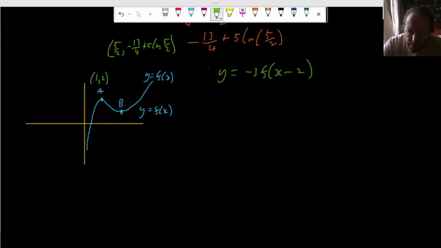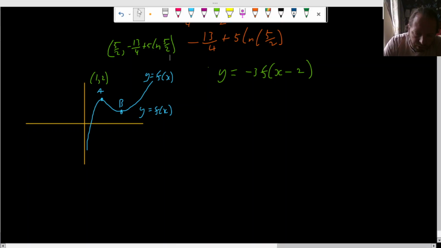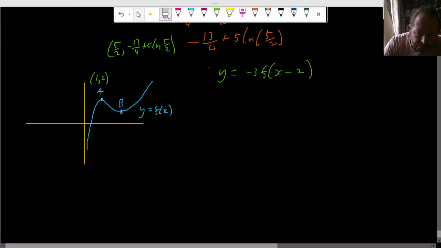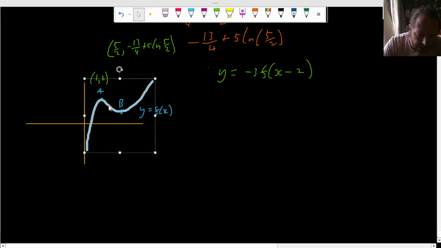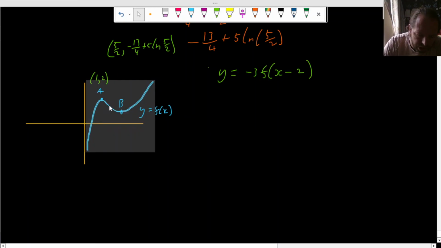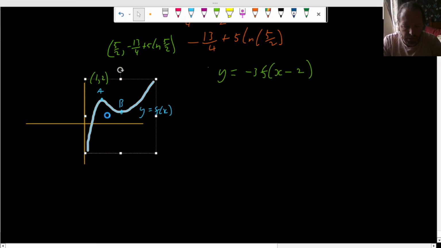We need to move the entire graph over. Okay, so let's just take that. The whole thing is going to be moved, okay, over by 2.